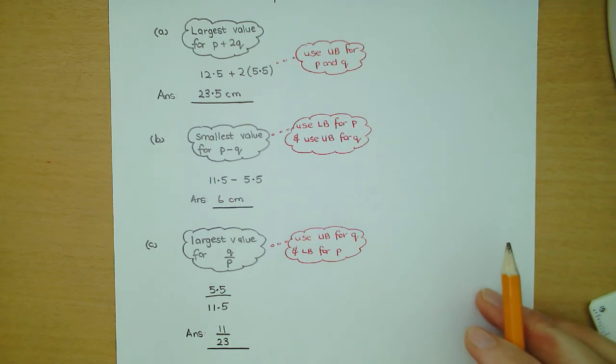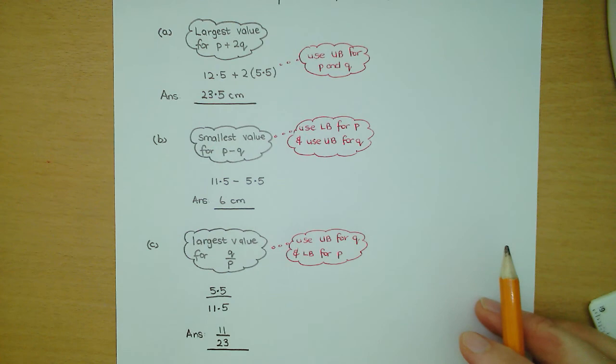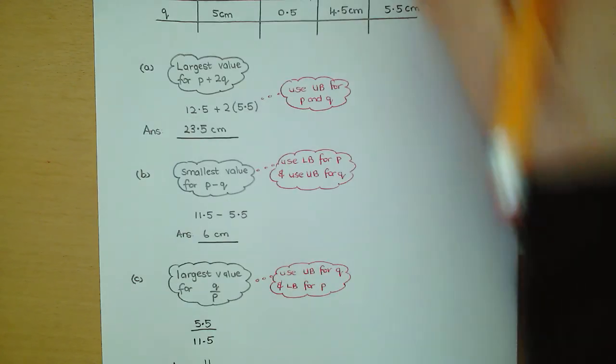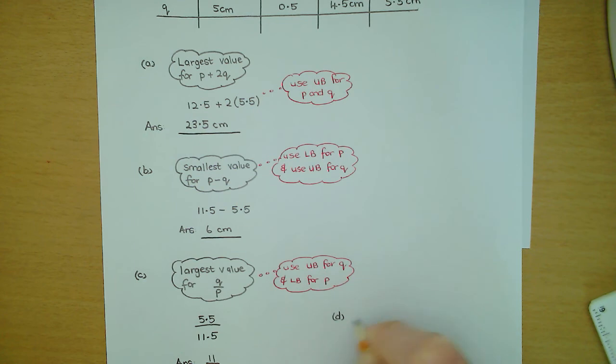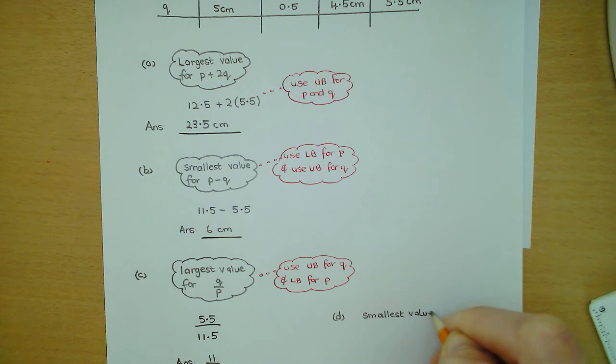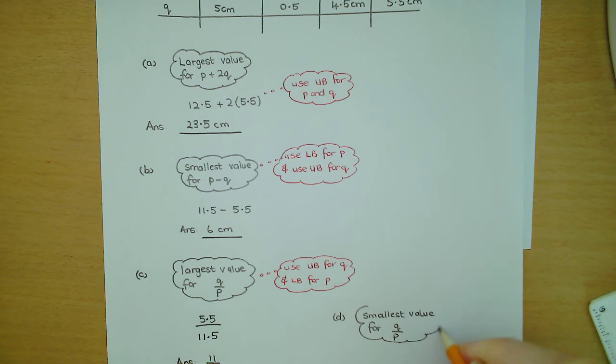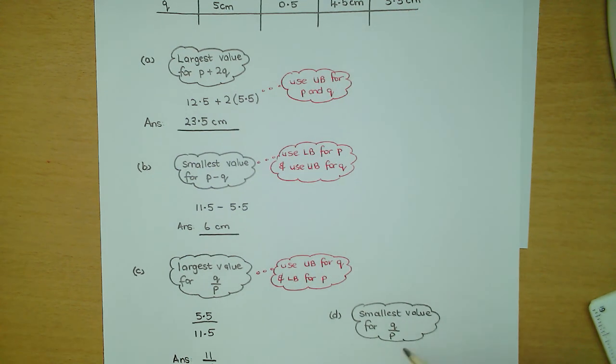Okay, part D, it wants us to get the smallest value of Q over P. Now again, common sense, we want to make this fraction as small as possible.